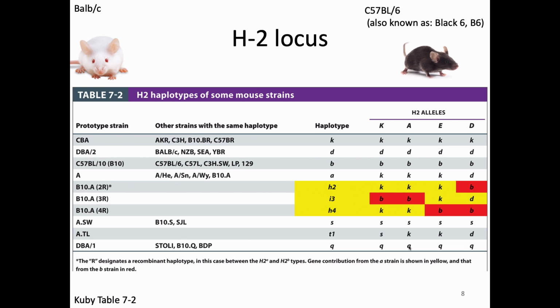First, imagine a mouse like the ones we use in lab. Officially, those are known as C57 black 6 mice, sometimes just known as black 6 or B6. That's what we used in the lab.